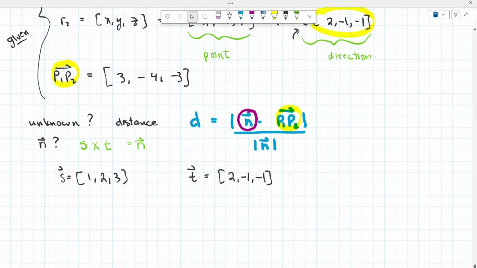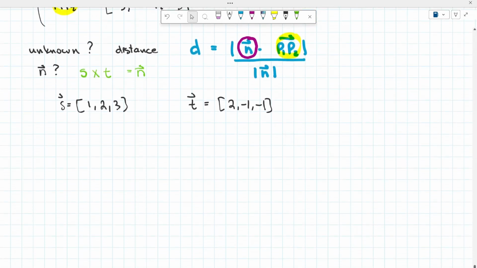Okay, so we'll set up our cross product. There are many different methods for doing a cross product. I usually just memorize the formula and go for it, but I know there are some fun visuals that people like using. For the purpose of this, let's just write out s cross t, and you can use indices.